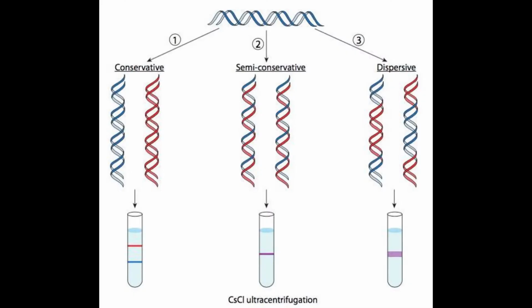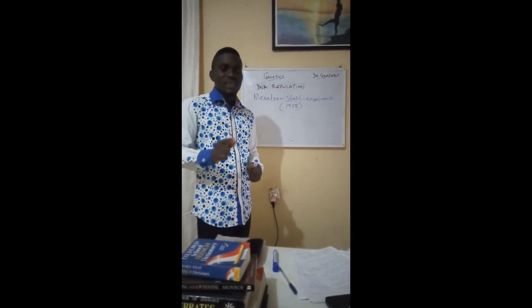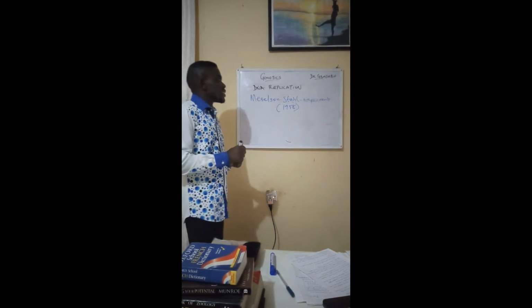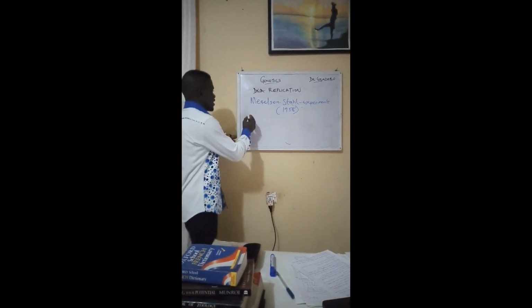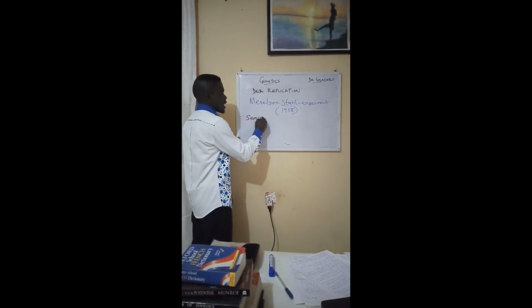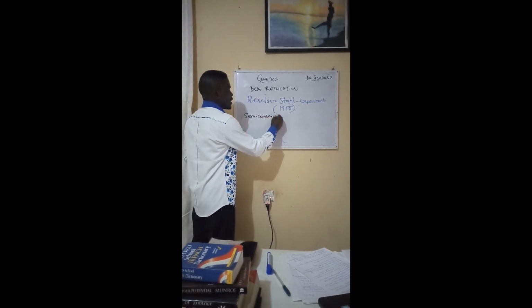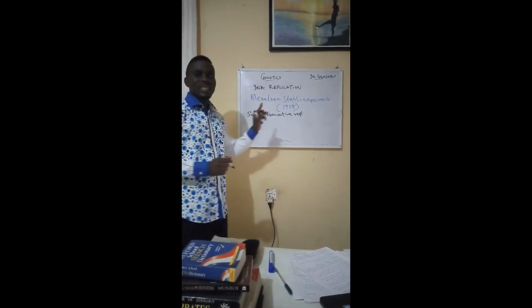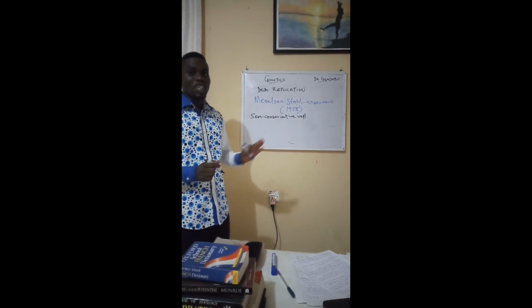So, of the three hypotheses given on DNA replication, the one that is widely accepted is the semi-conservative replication of DNA hypothesis. This is the one that is widely accepted of the three hypotheses.